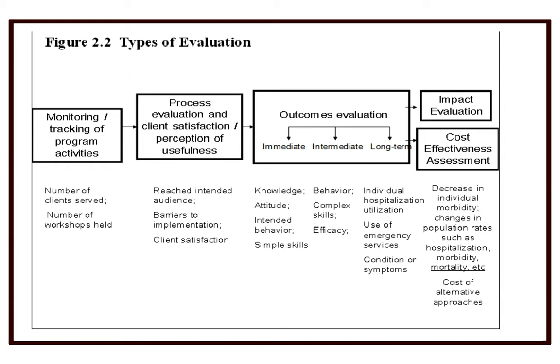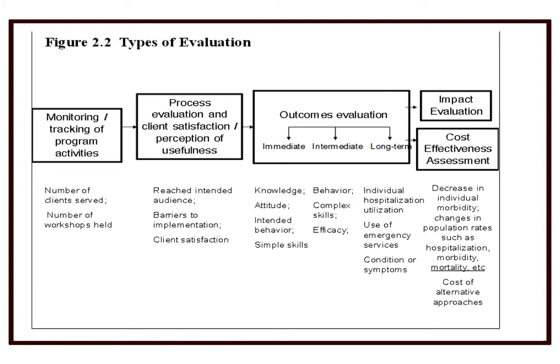An outcomes evaluation might include the immediate outcomes that happen during the intervention, like usually knowledge, attitude, intended behavior, and simple skills, things that they can get kind of right away. Intermediate outcomes are those which should happen over a longer term, months, say, perhaps by the end of the intervention, or perhaps even after the intervention has been completed, that these behaviors and more complex skills and a sense of efficacy that they are able to do these things exist.